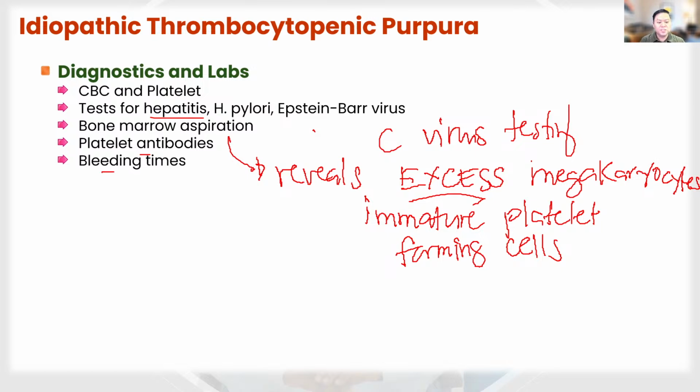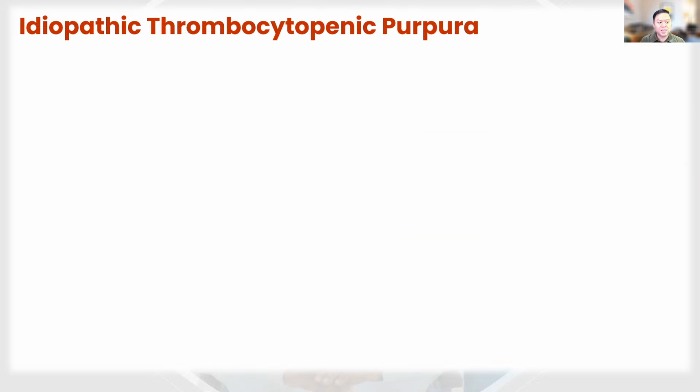Now, we will be talking about the treatment of the ITP. What do you think would be those treatment or management? Well, one of those is the platelet transfusions. Guys, this is now different. We are talking about ITP. We're not talking about the HIT.